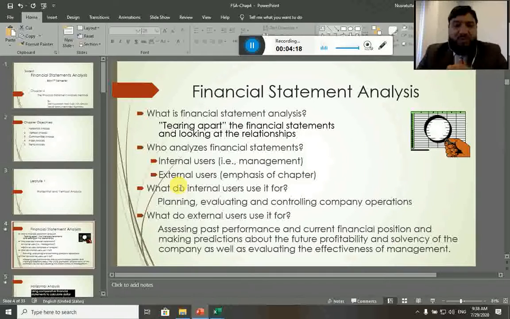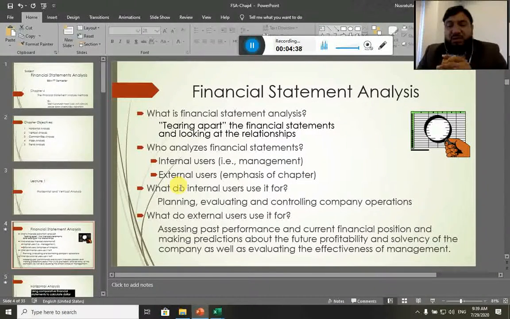So who analyzes financial statements? There are 2 types of users: internal users and external users of the financial statements. Internal users could be all the people from inside the organization, especially the management, the department heads and the supervisors.